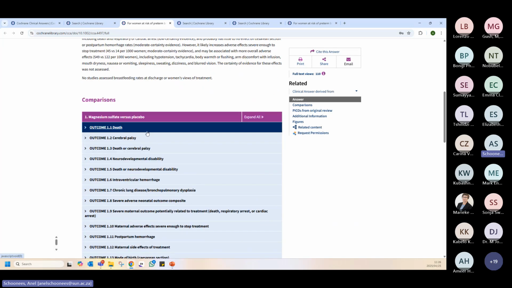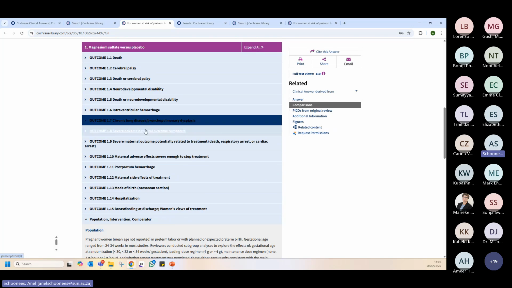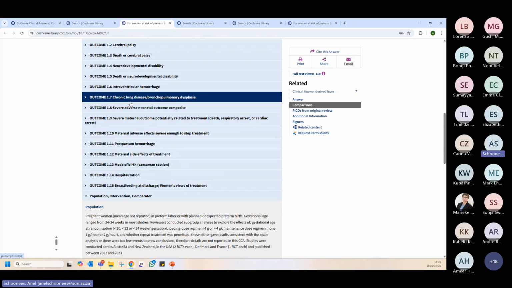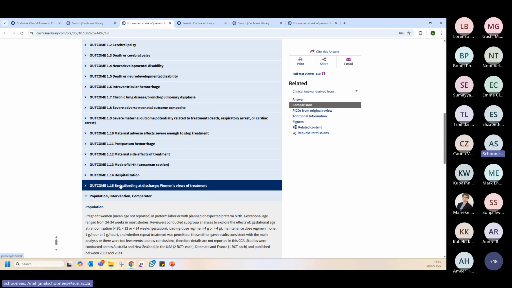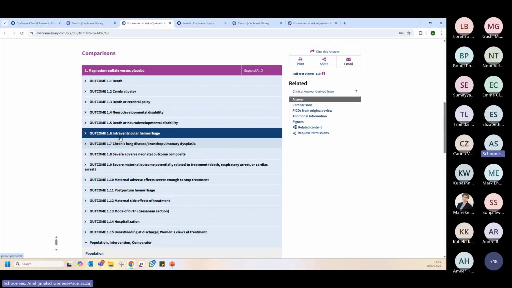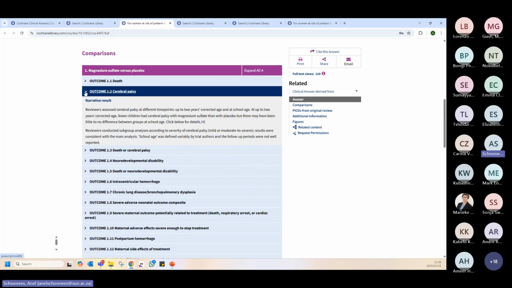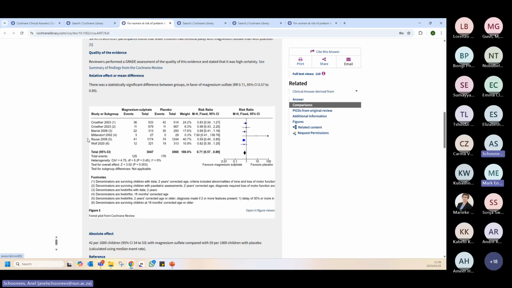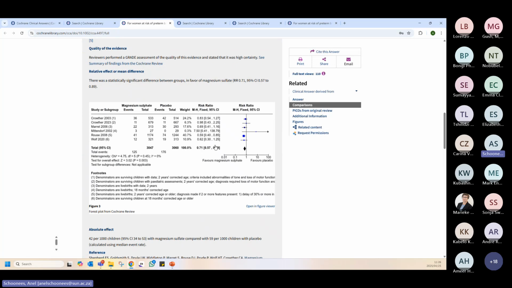So here we can see the comparisons. In this Cochrane clinical answer, there's only one comparison, magnesium sulfate versus placebo. And then it lists for you all the various outcomes that seem important for clinical practice and also that were investigated within the Cochrane review that produced this evidence for us. So if we click on the one that speaks to our scenario the most closely, cerebral palsy, you can have a look here, and it also shows you the relevant statistics, the meta-analysis that gave rise to the specific evidence.